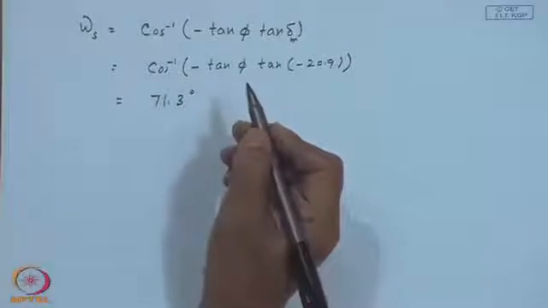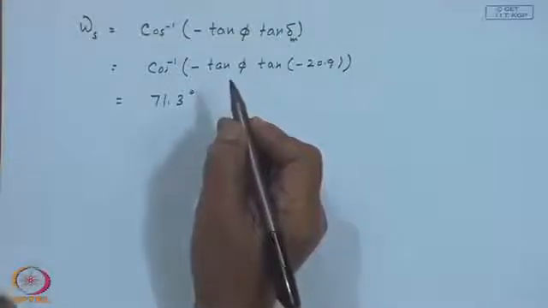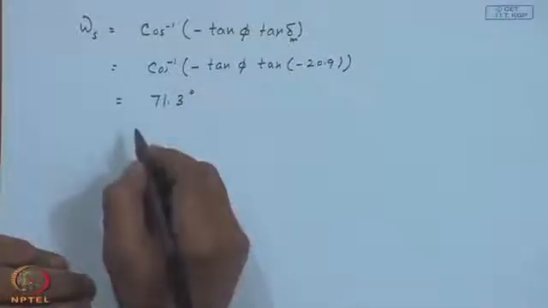This is lower than 90 as can be expected at fairly high latitude; in January it will be less than pi by 2.